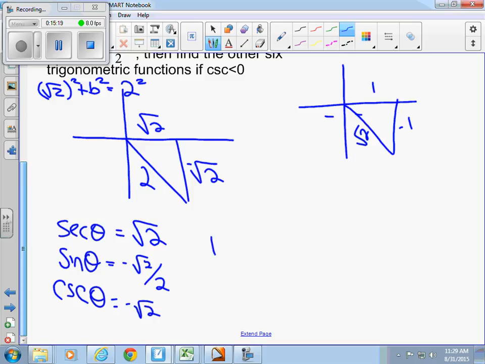Tangent is negative 1. Cotangent is also negative 1. Questions about that? Those are the same ratios you get for any 45, 45, 90 triangle. Just might be different on the sign. So, just a mental note.